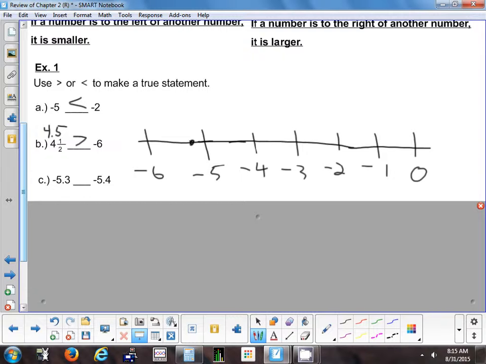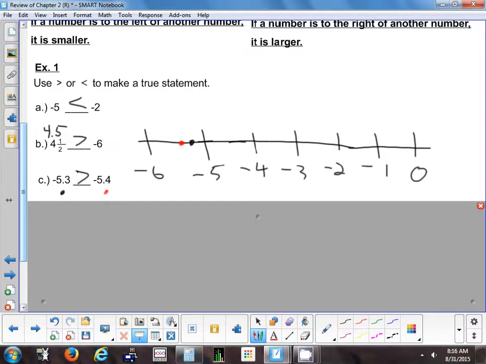Negative 5.4, let's do it in a different color. Negative 5.4 is a little bit more towards the negative side. Okay, it's to the left of it. Right? So in this case, negative 5.3 is bigger than negative 5.4, because the black one is to the right of the red one. Any question on that?